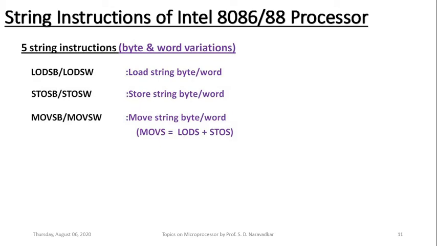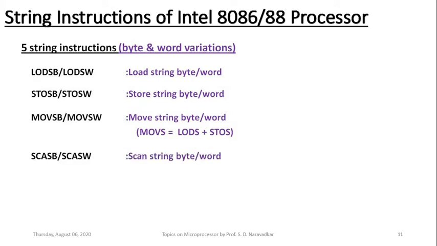The same concept applies to both variations: move string byte is equal to load string byte plus store string byte, and move string word is equal to load string word plus store string word.